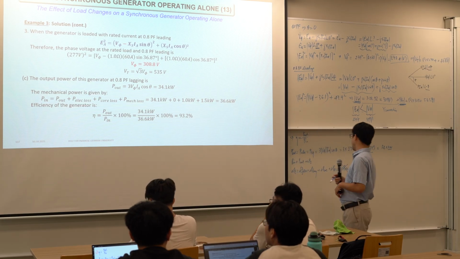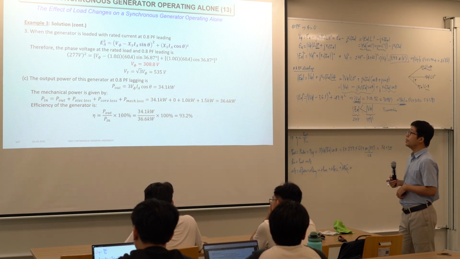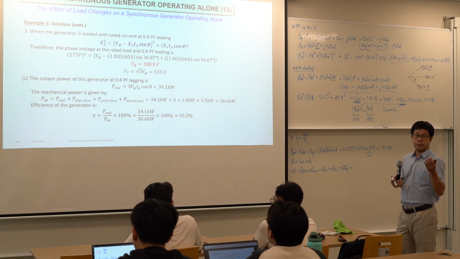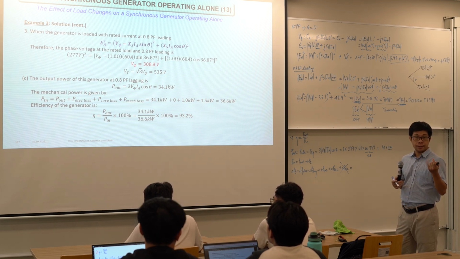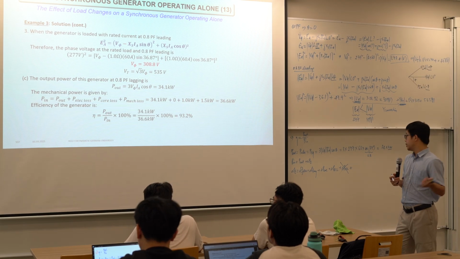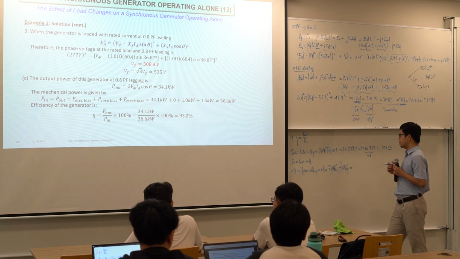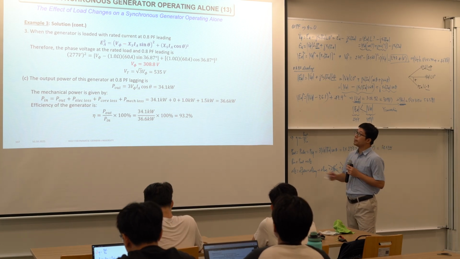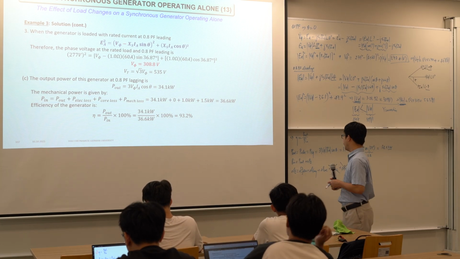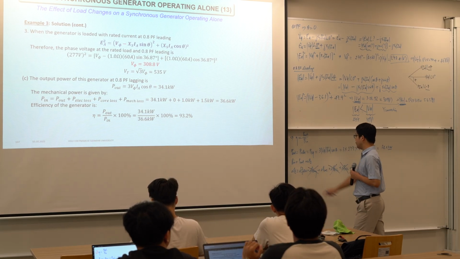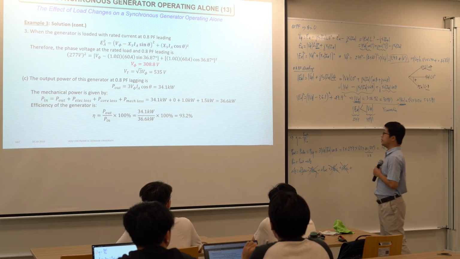And we don't have any information about field winding, the field circuit, so that means this one is 0. We also don't have the information of stray losses. So we have friction and windage and delta P core.